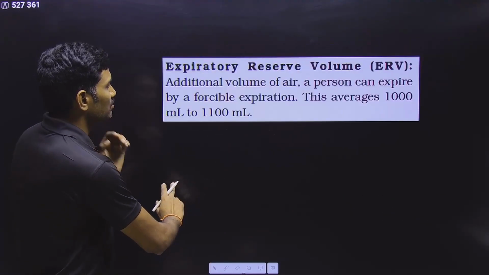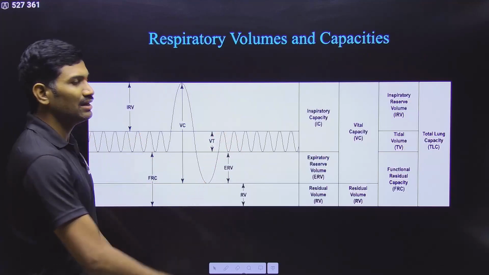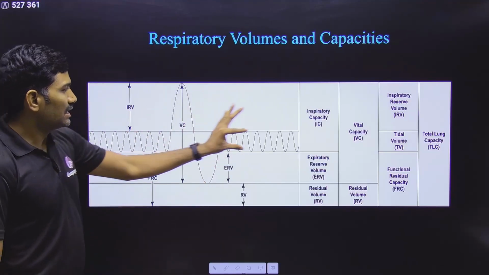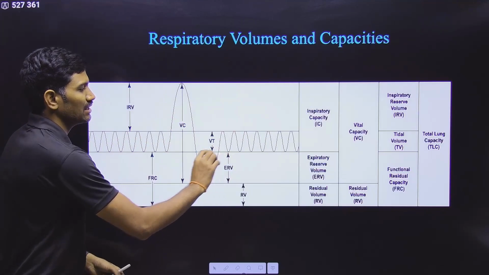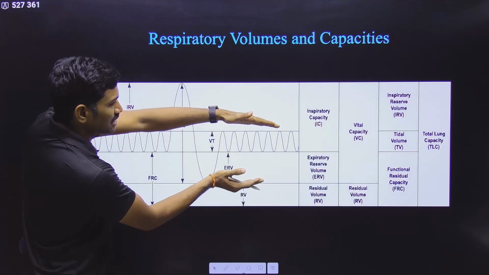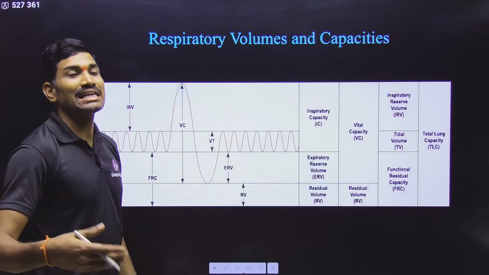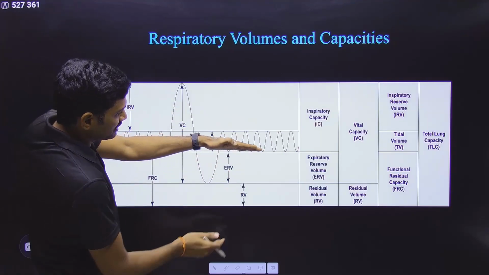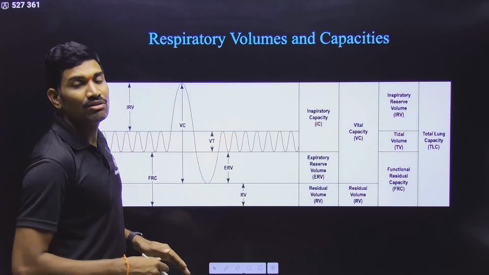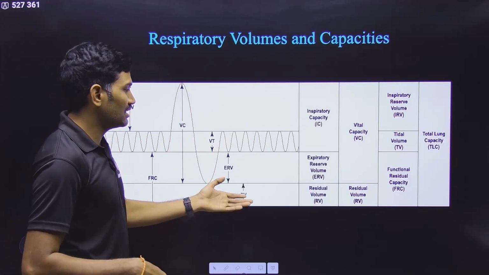So generally they show this particular diagram. This is the tidal volume. Here this is the expiratory reserve volume. So tidal plus expiratory reserve volume is expiratory capacity. And this is the residual volume. Expiratory reserve volume plus residual volume will give functional residual capacity.